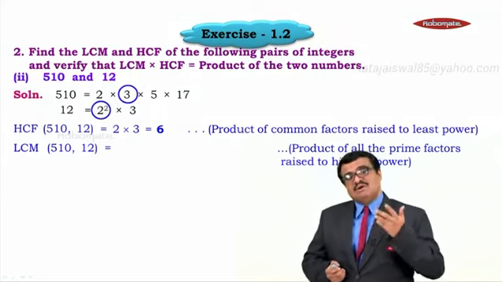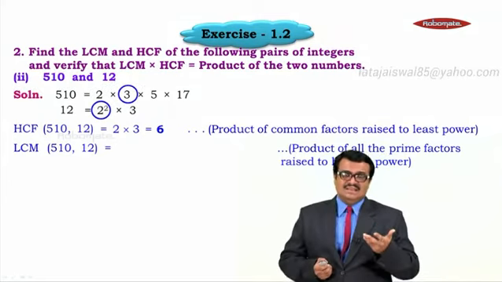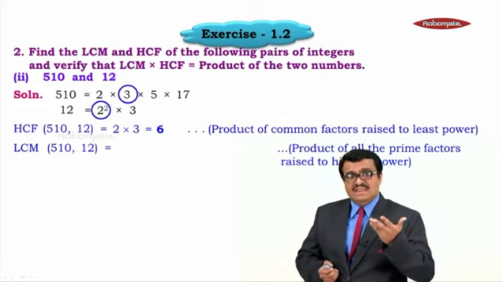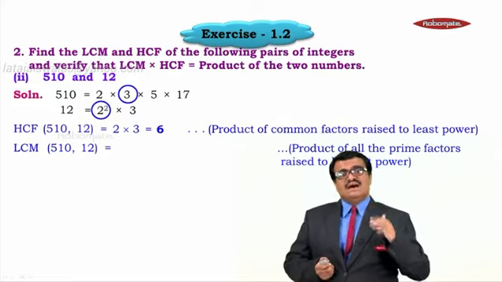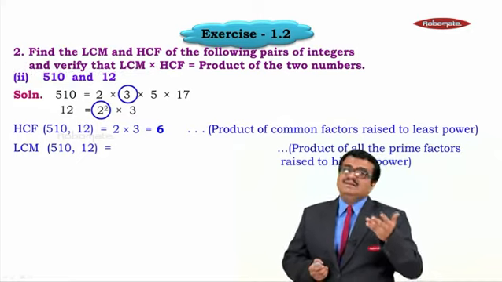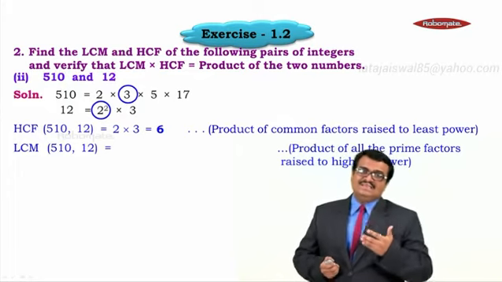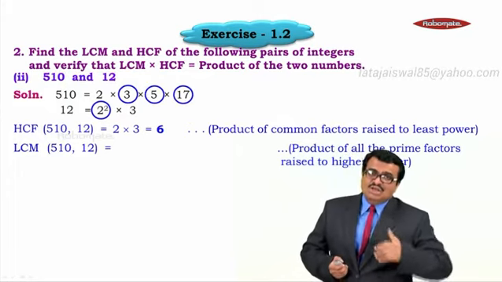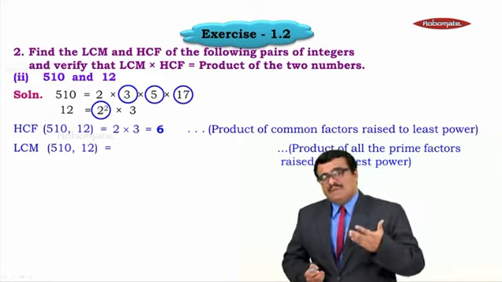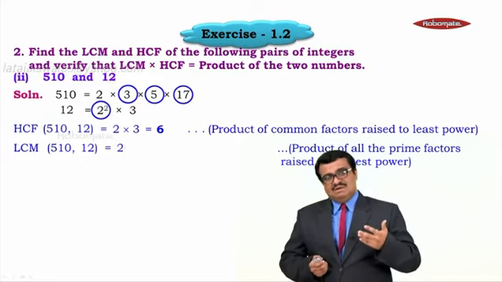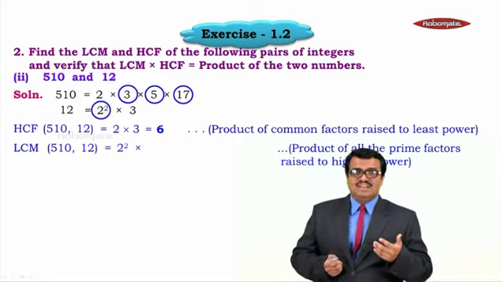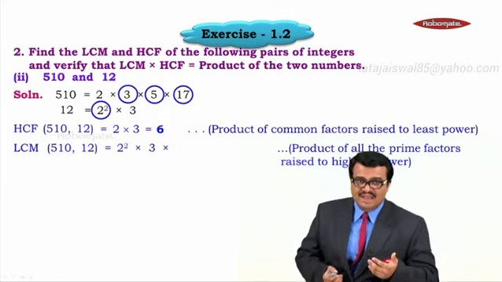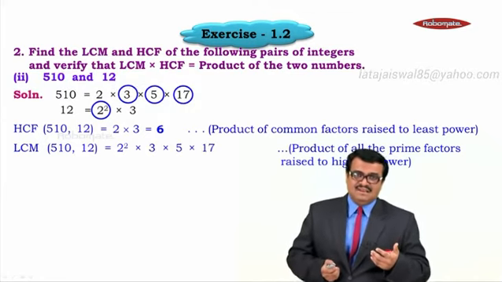What is the highest power of 3? It is 3 raised to 1, which is 3. What is the highest power of 5? It is 5 raised to 1. And what is the highest power of 17 present here? It is only 17. So LCM is nothing but the product of all prime factors raised to the highest powers. So it will be 2 square into 3 into 5 into 17.